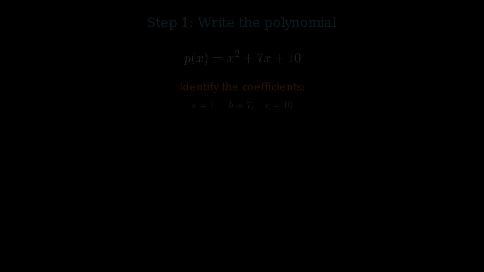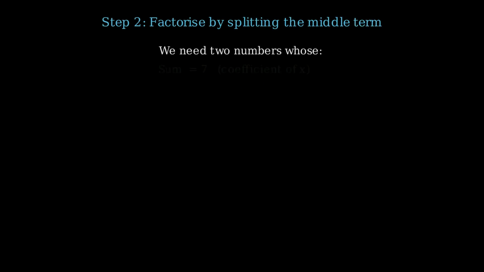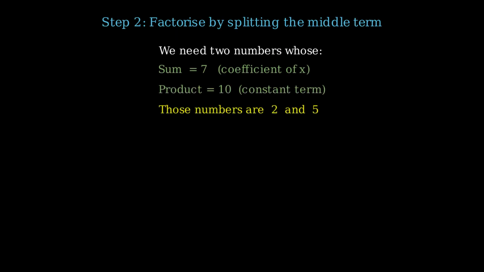Step 2. Factorize by splitting the middle term. We need two numbers whose sum equals 7, the coefficient of x, and whose product equals 10, the constant term. Those two numbers are 2 and 5, since 2 plus 5 equals 7 and 2 times 5 equals 10.